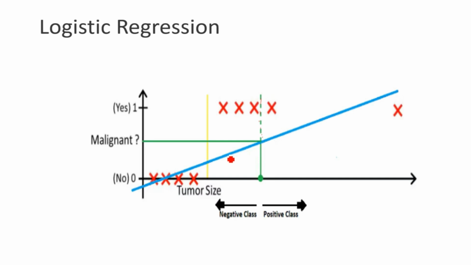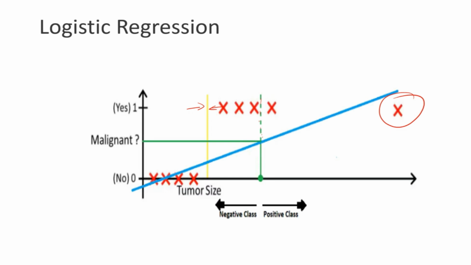However, it should have been a yellow line that clearly separates the positive and the negative. As a result, even a single outlier can throw the linear regression estimation off.